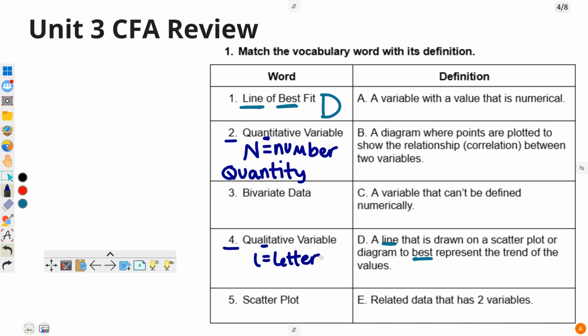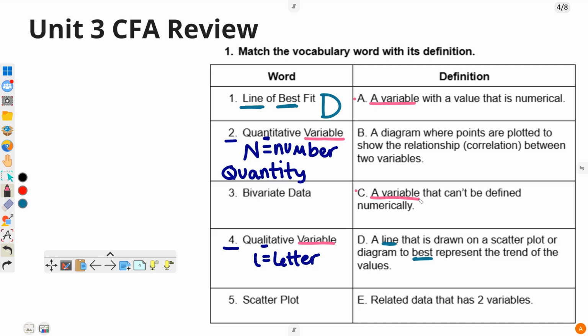So both of them have the word variable in them. So when I look at the word variable, I can see that definitions A and C also start with a variable, so I can say it's probably going to be one of those.